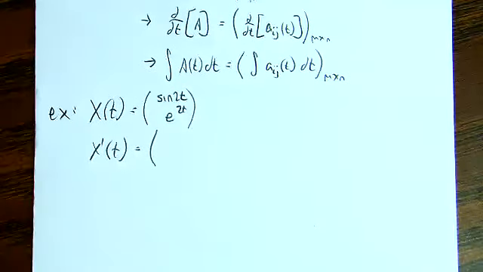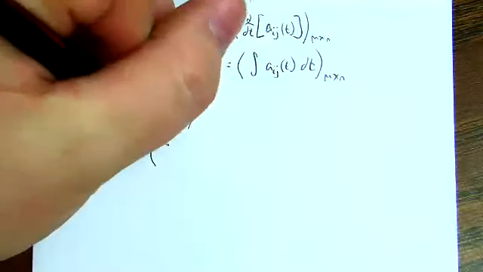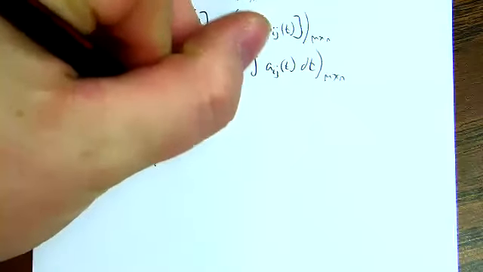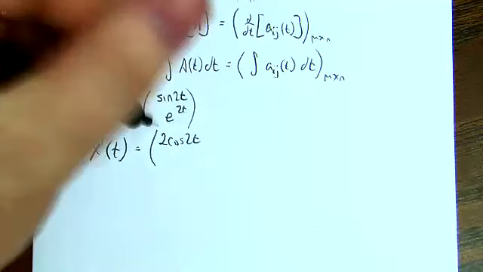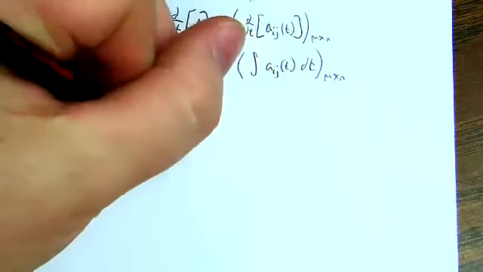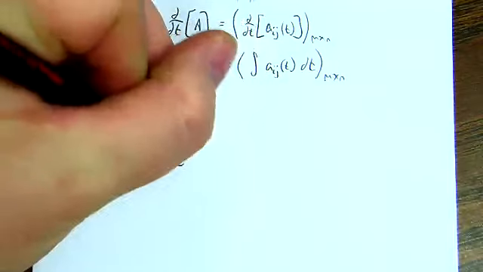The derivative of sine is cosine. The derivative of sine of 2T is cosine of 2T times the derivative of 2T, which is 2 cosine 2T. And the derivative of e to the 2T is e to the 2T times the derivative of 2T.